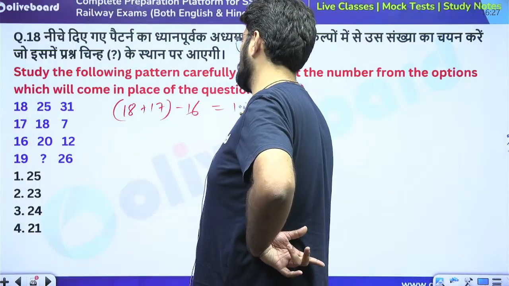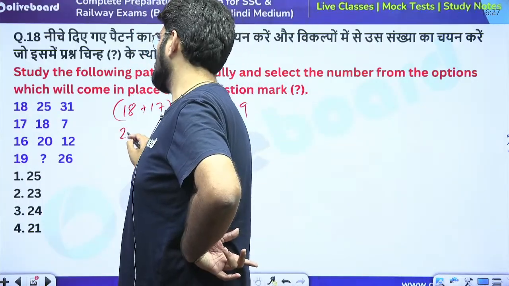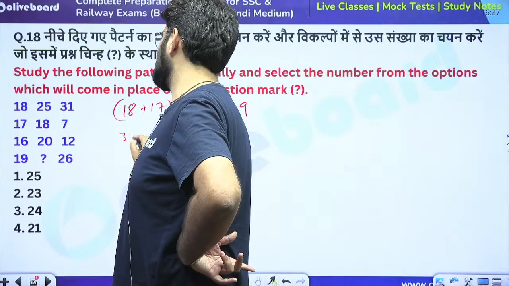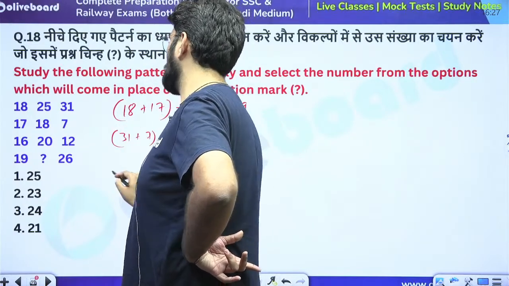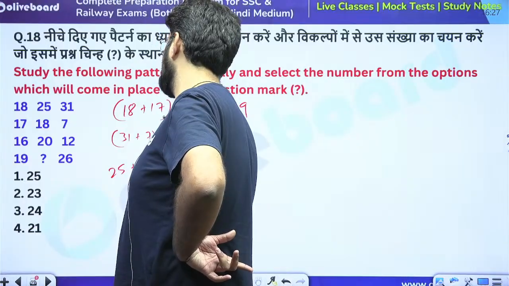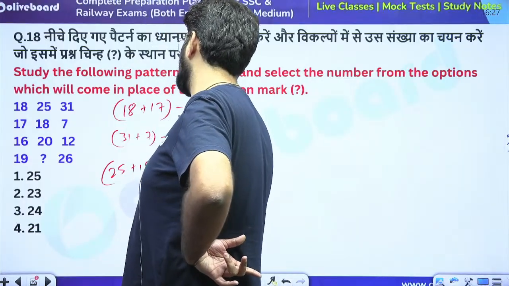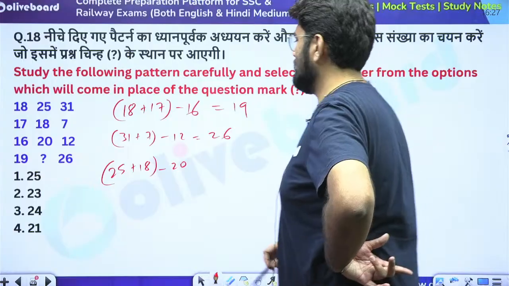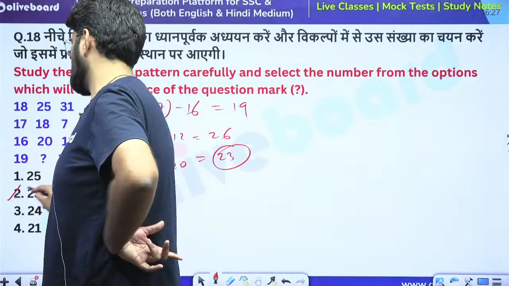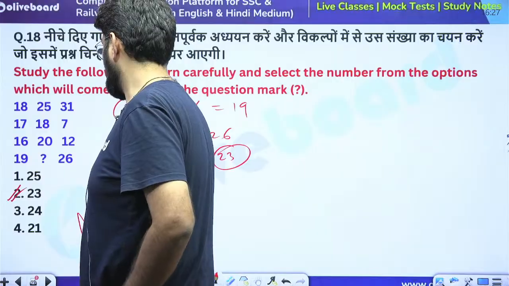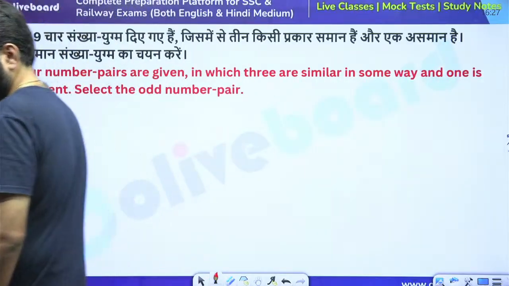So you will get row 4 as your answer. Cool. So 31 plus 7 minus 12 is equal to 26. So 25 plus 18 minus 20 will give us our answer. So this is 43 minus 20, that is 23. So the option 2 is correct. Okay, next.